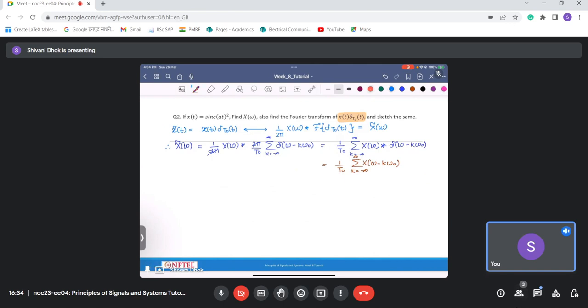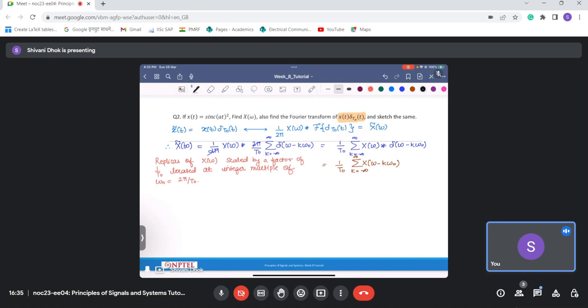This equation means that we have replicas of x of omega scaled by a factor of 1 by t naught located at integer multiples of omega naught, which is simply 2 pi by t naught.